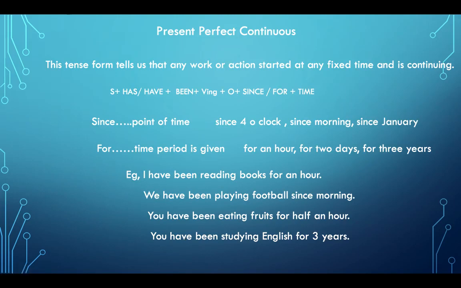A particular time period is being mentioned, so I have used here for. So children, subject plus have or has been plus verb plus ing, for or since according to the statement and the time period. So this is present perfect continuous.